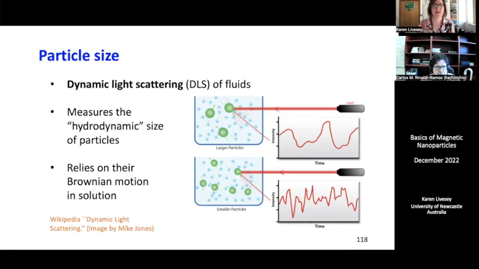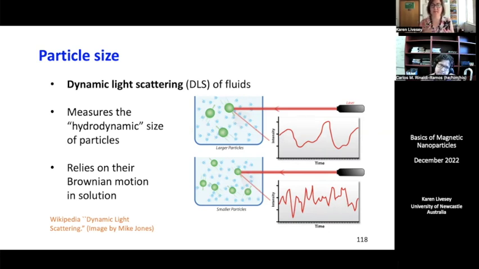So this is a picture I've taken from Wikipedia. This picture has large particles and small particles. And a laser is shone at these particles. Looking at the scattering intensity as a function of time, we can see that this intensity pattern on the top is quite slowly varying, compared to the small particles, which have an intensity which is varying quite quickly.